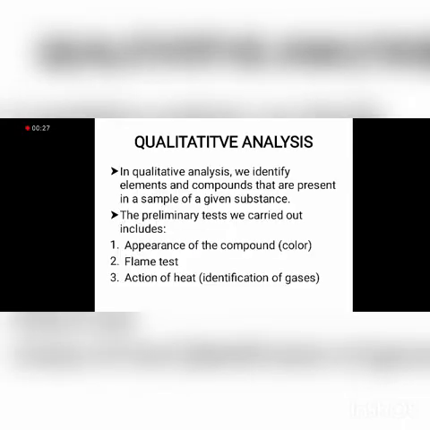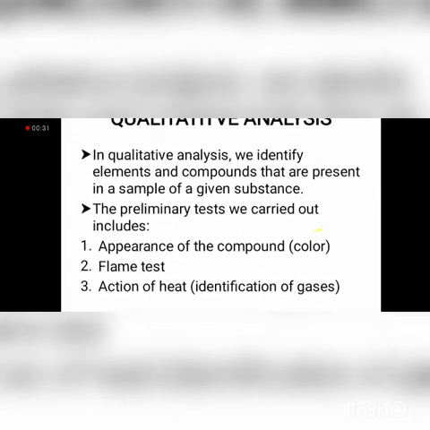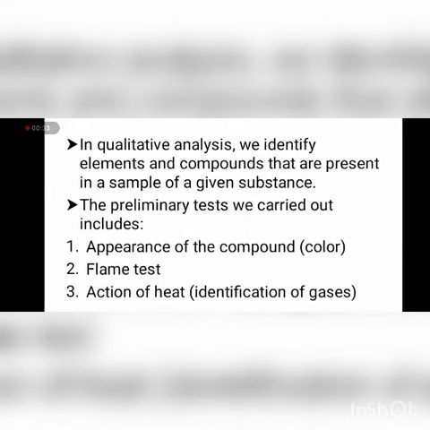So in qualitative analysis, we identify elements. We tend to identify whether the element or a compound is present or not in a given substance. The tests we carry out are under the following headings.